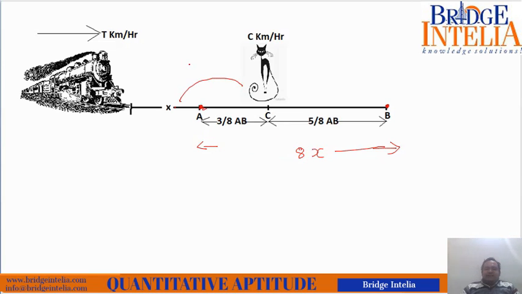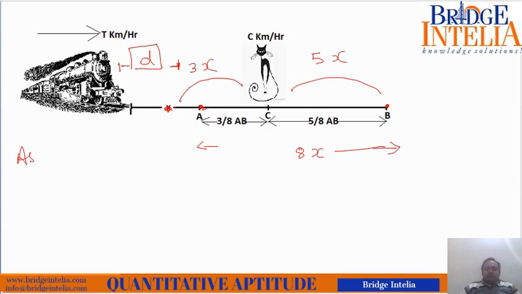So this distance is 3x and this distance is 5x. Let the distance between the train and the first entry point be D. Fine.